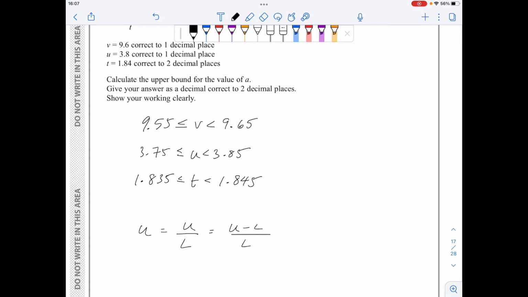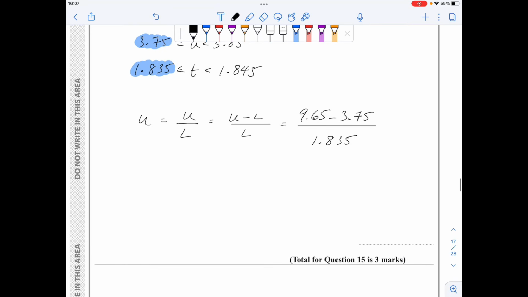So I will need to use the upper bound of V and the lower bound of the other two numbers. So 9.65 minus 3.75 over 1.835. And if I put this on the calculator, I will get 3.22 correct to 2 decimal places.